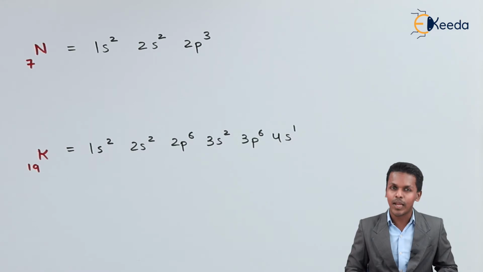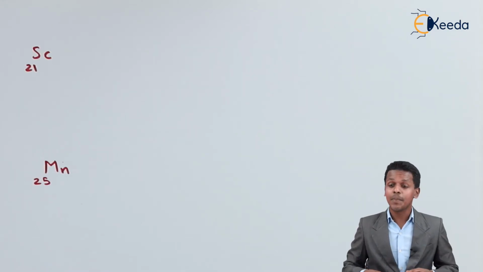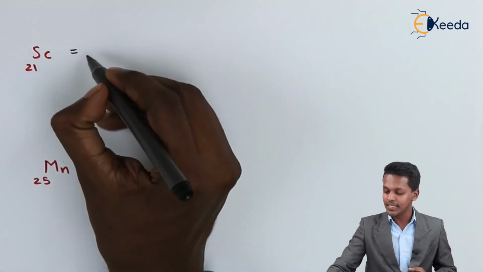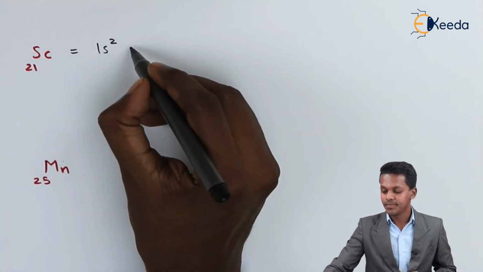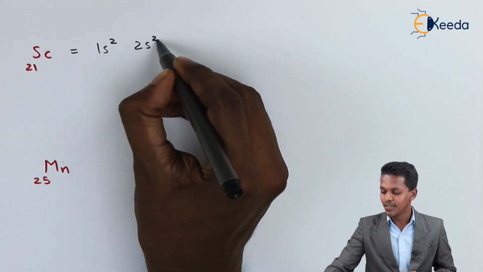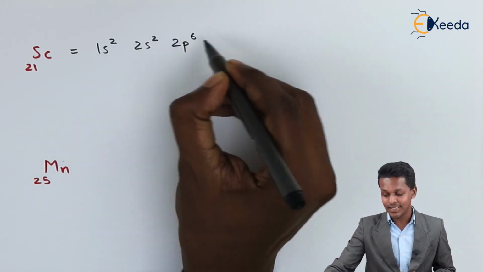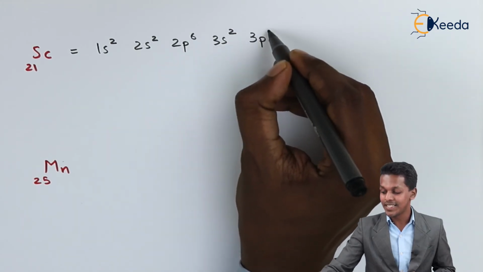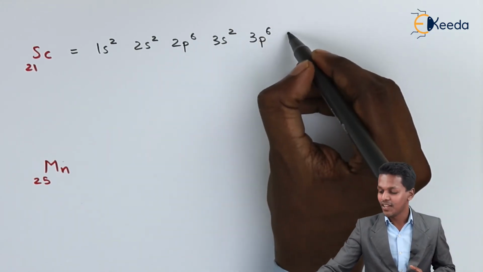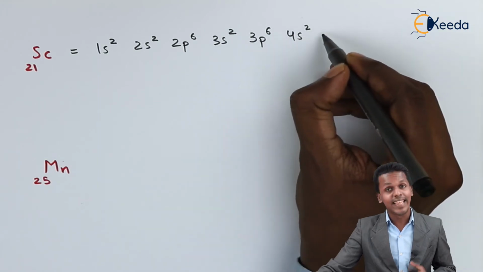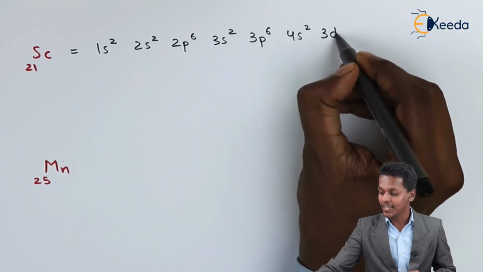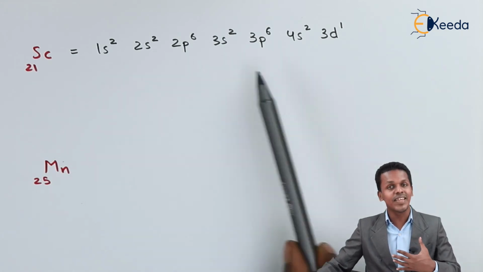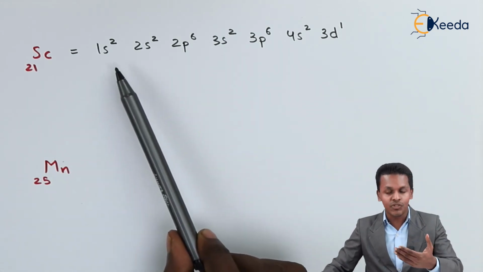Now let's talk about another two examples. The next example is scandium, with atomic number 21. Here we can write the electronic configuration as 1s2, 2s2, 2p6, 3s2, 3p6, then 4s2, then 3d1. As you can see, the electrons are filled based on energy.